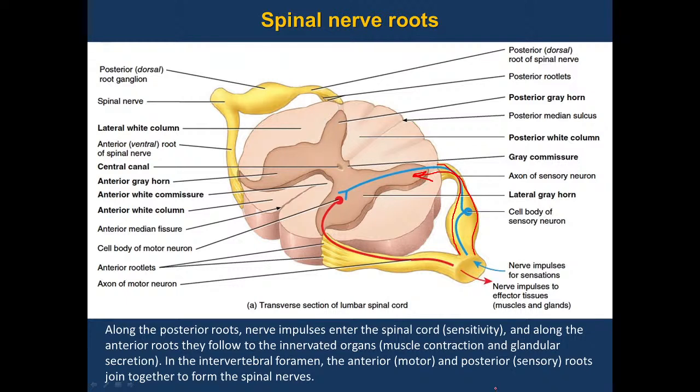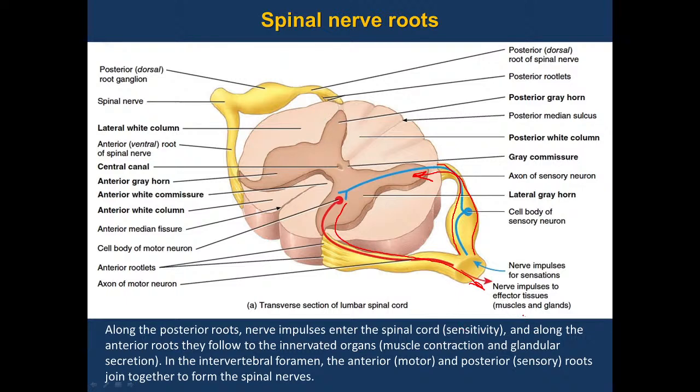But along the anterior roots, nerve impulses go this way and come to the organs, muscles or glands, everything.